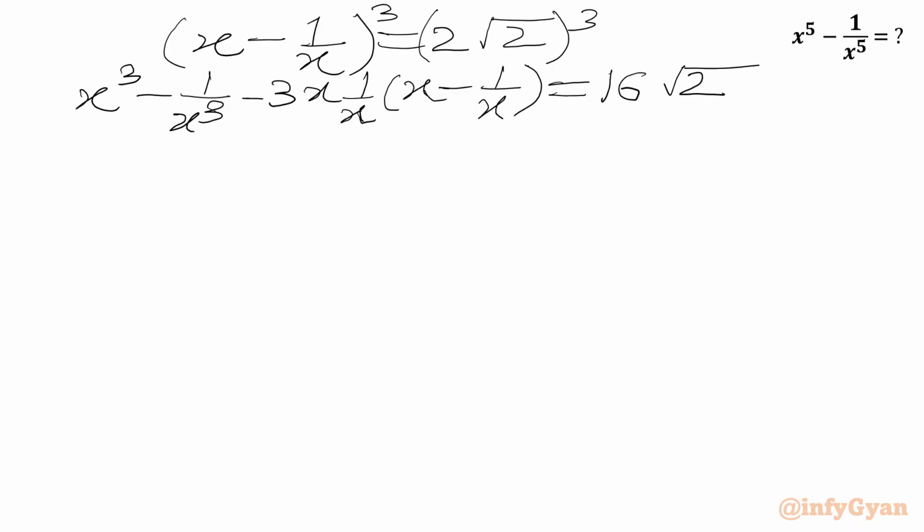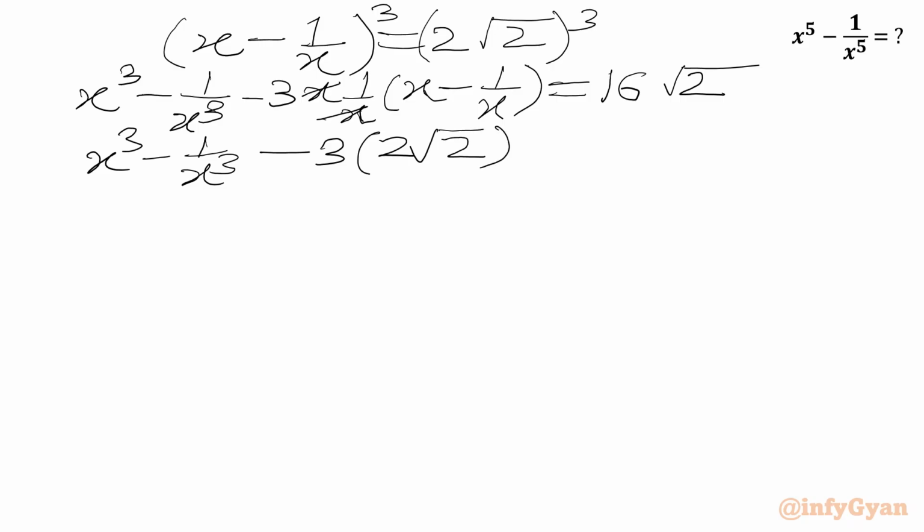Now we will cancel x with x. x cube minus 1 over x cube minus 3 times x minus 1 over x. So we'll write 3 times 2 root 2 equal to 16 root 2. Now this is 6 root 2.